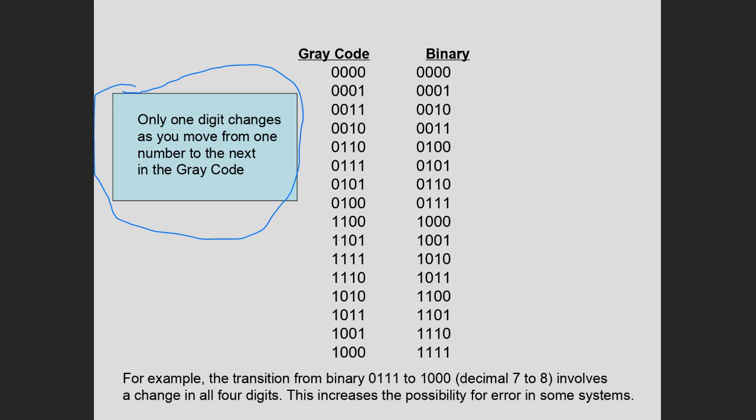If I start counting 000, 001, as I move from one binary number to the next, well, this one only 1 bit flipped. This one, 2 bits flipped, like that one flipped and that one flipped. Look down here though, look at these two. When I go from a 111, which is a 7, to a 1000, which is an 8, all the bits change. You might think to yourself, well, what's the big deal with that?